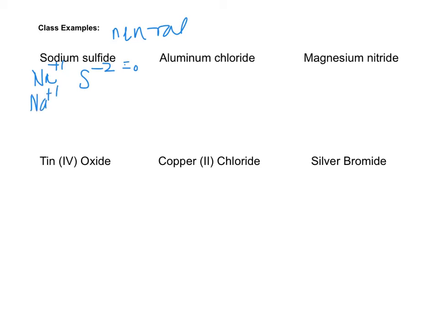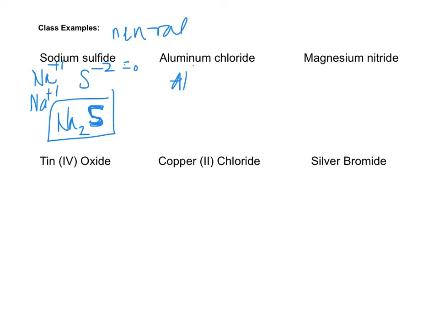So now I have two positives and a negative. And so to summarize this, we would say Na2 with an S. That would be the proportion. For every 2 sodium ions, you're going to need 1 sulfur ion. And the formula would be Na2S. Notice I have no positives or negatives. Everything is simplified.